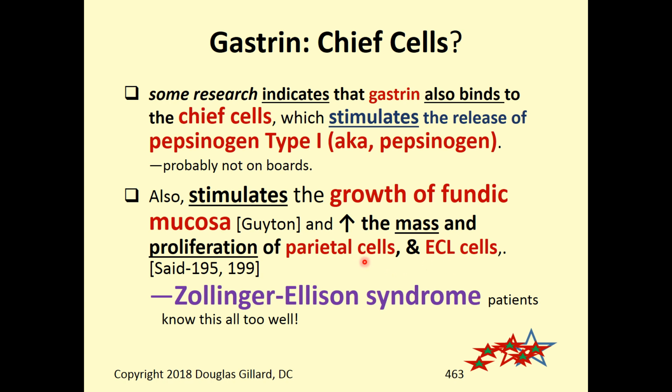And so in conditions that oversecrete gastrin, ZE syndrome or Zollinger-Ellison syndrome, people have way too much gastrin. Their parietal cells are always working, ECL cells always working like bodybuilders. So they pump iron and they get massive and huge, and they get married and have babies. So there's too many of them. So they proliferate. So there's too many parietal cells, too many ECLs, and they're all big bodybuilders.